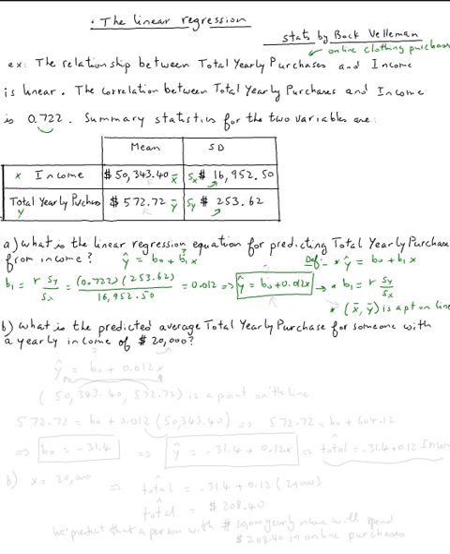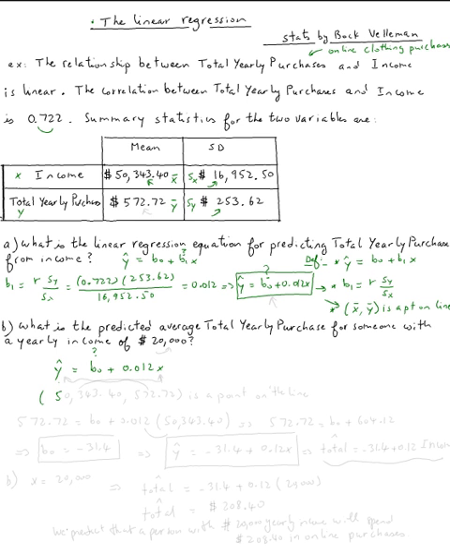We still need to find b0. To find b0, all we need is any point. We know from the definition that x bar, y bar is a point on the line. What is x bar? X bar is given right here.